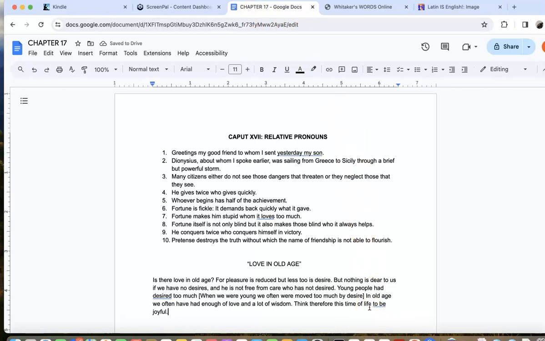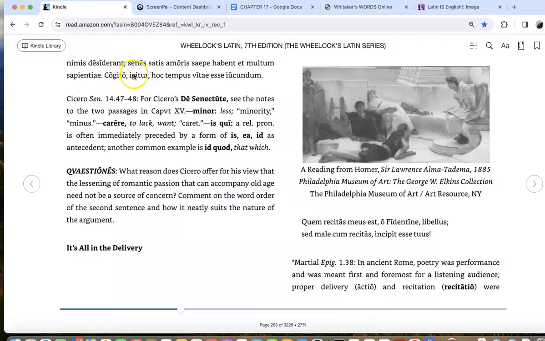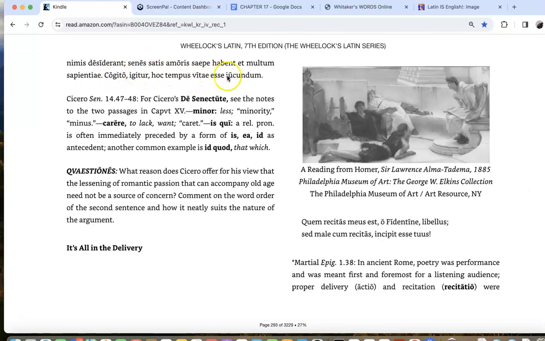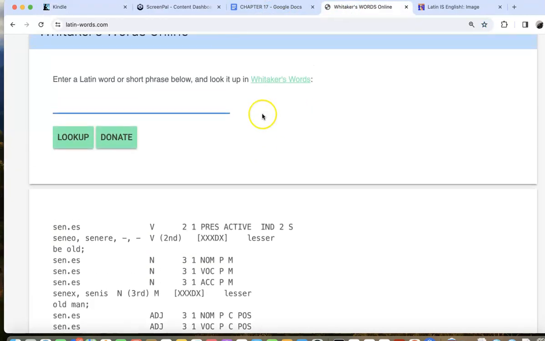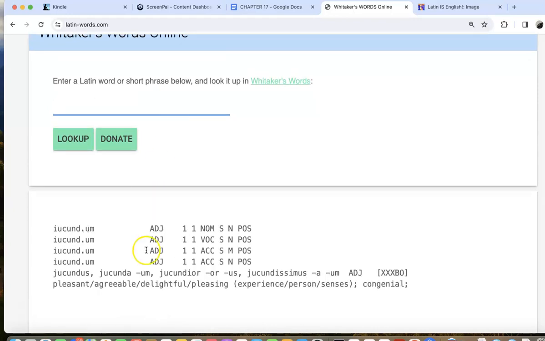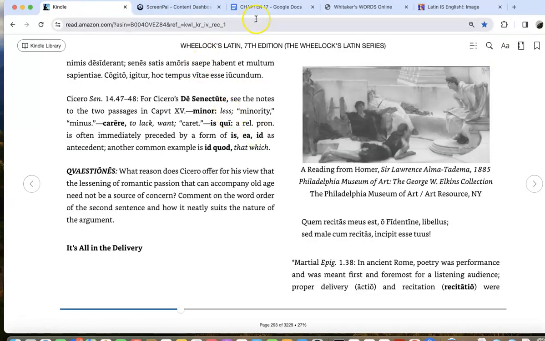Think therefore, cogito, this time of life to be joyful. Jucundum. Let's see if they give us any other options on Whitaker's. Could be pleasant, agreeable, delightful. Let's go with delightful. That sounds a little bit better in my view.